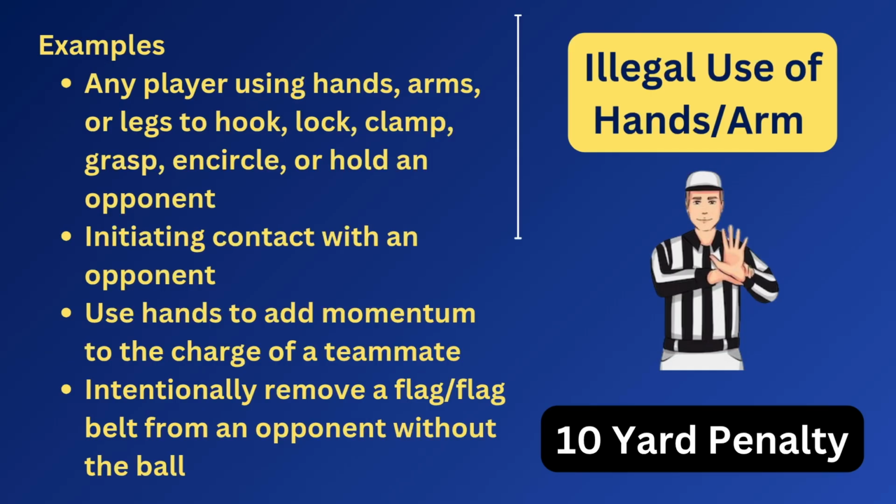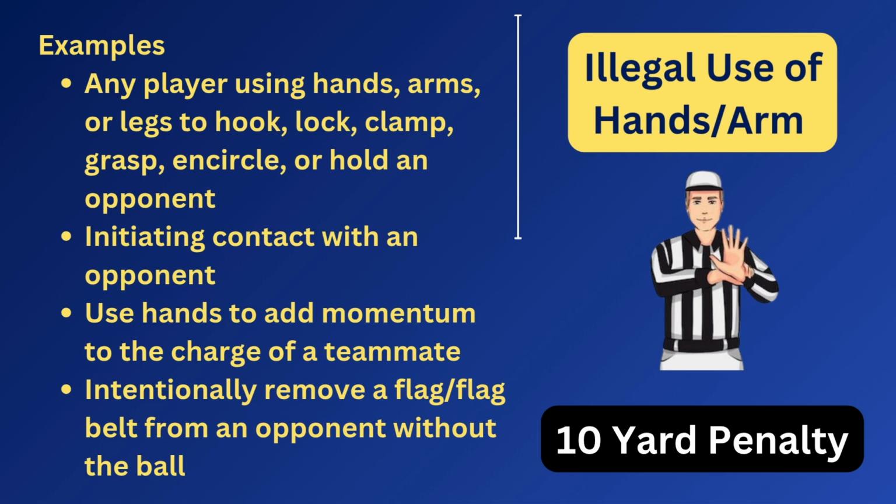The first is our illegal use of hands or arms. You may also hear this called illegal contact. Some examples of this are any player using hands, arms, or legs to hook, lock, clamp, grasp, encircle, or hold an opponent. Initiating contact with an opponent, just broadly, would be an illegal contact or illegal use of hands foul.